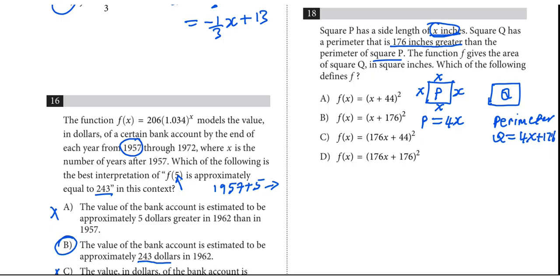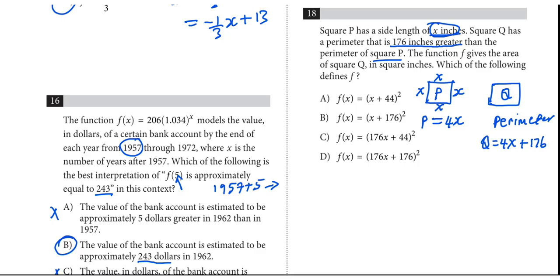So that is the perimeter of square Q. Now, remember, let me make this a bit clearer. Okay, so the perimeter of Q is equal to 4x plus 176.